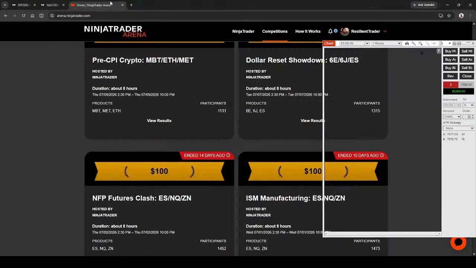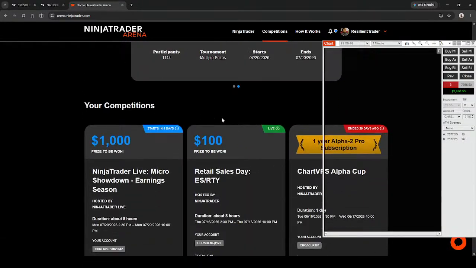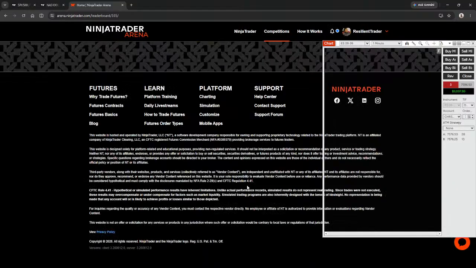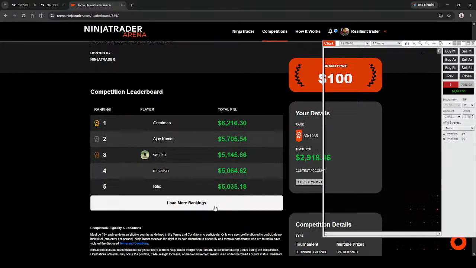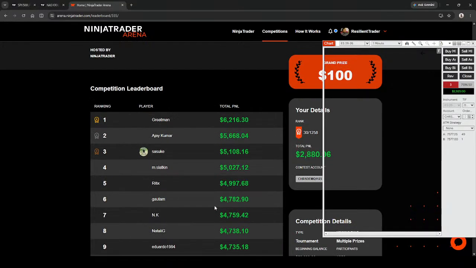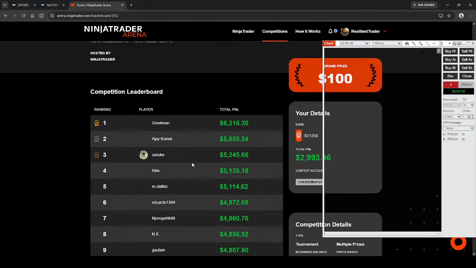So I wonder if there is a P&L for this competition. Let me check. So it's live. All right, trade now, view leaderboard. Oh, awesome. So I'm up 3K. Man, some people are up 6K. Some of them are probably trading NQ, ES and RTY at the same time.